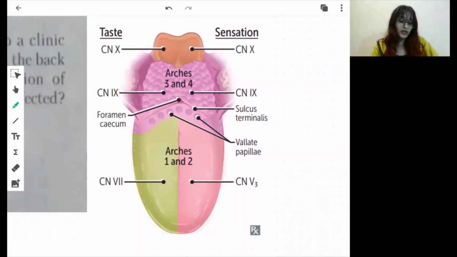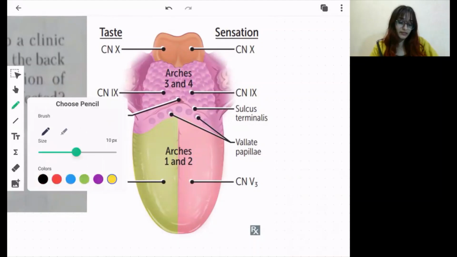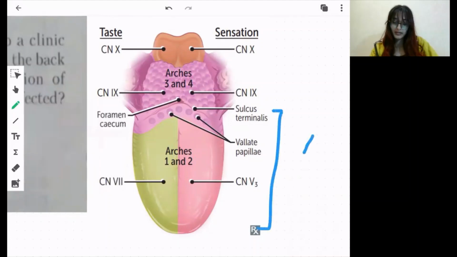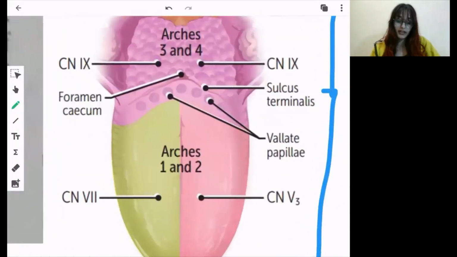Okay, so the tongue can be divided into the anterior two-third and a posterior one-third. The anterior two-third is developed from pharyngeal arches number 1 and 2.